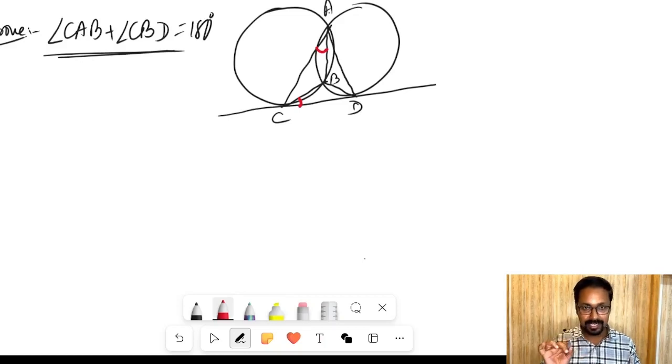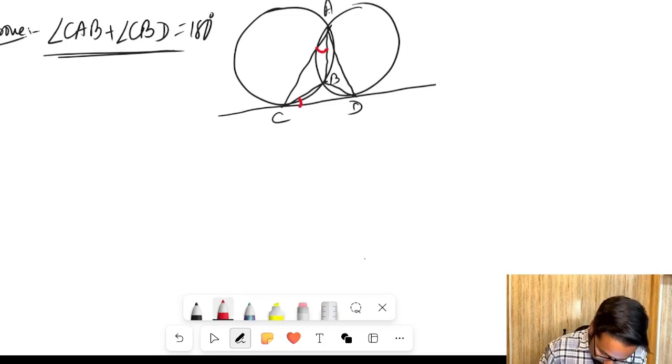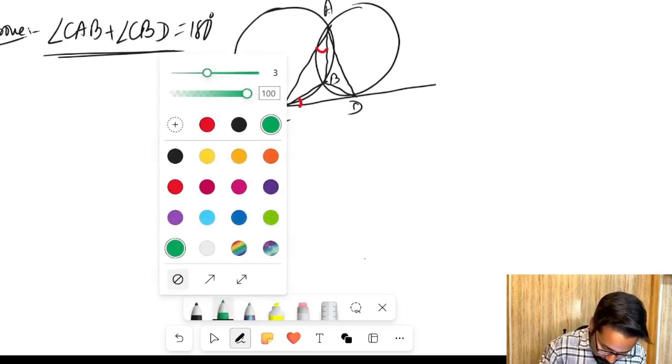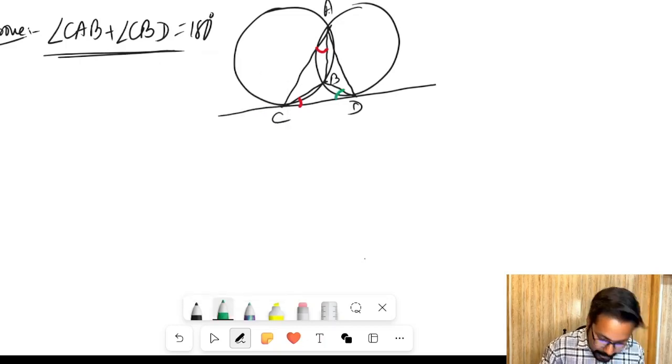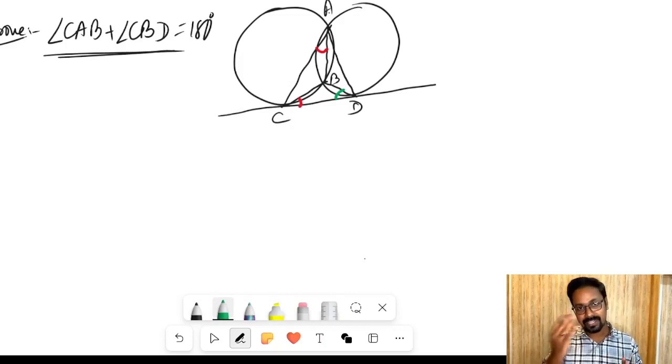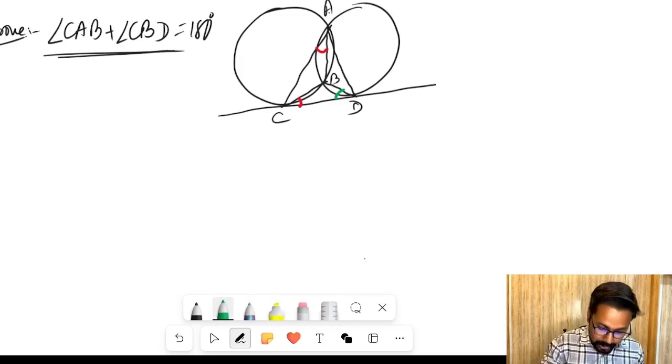So BCD and CAB will be equal. Similarly, angle BDC on the right hand side will be equal to angle BAD, because this is also the same theorem.